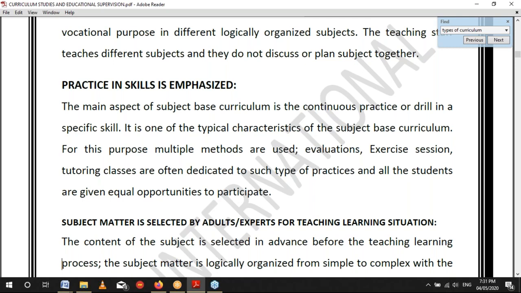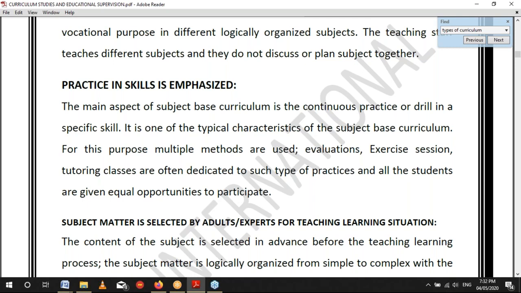6, practice in skills is emphasized. Subject curriculum emphasizes continuous practice or drill in a specific skill. Say practice makes perfect.